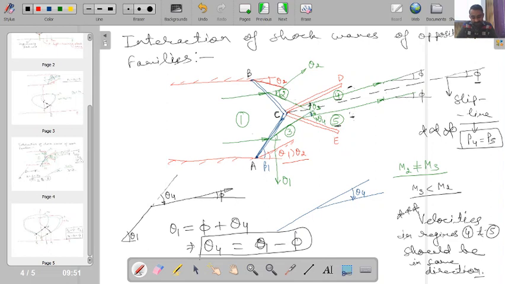Because if the strengths of these two waves are different, then Mach numbers in the downstream will be different. Entropy change across these shock waves will be different, because entropy is also an important parameter. For a normal shock wave, entropy is solely a function of the stagnation pressure, so stagnation pressure will be different. Is this point clear?